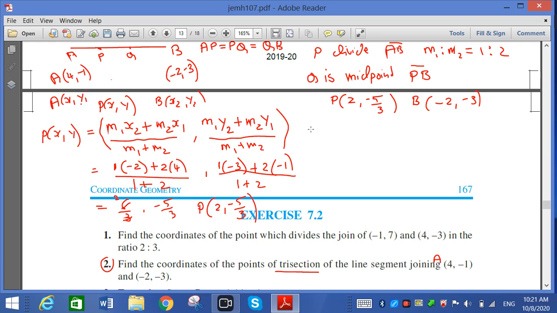Now to find the coordinate of Q, (x, y) is equal to, we apply the midpoint formula: (2 minus 2) divided by 2 comma (minus 5 by 3 minus 3) divided by 2.